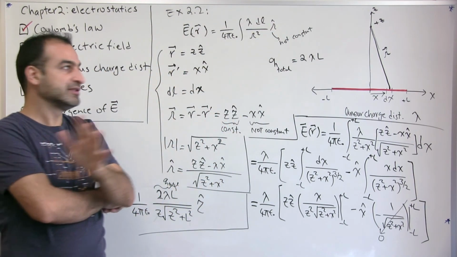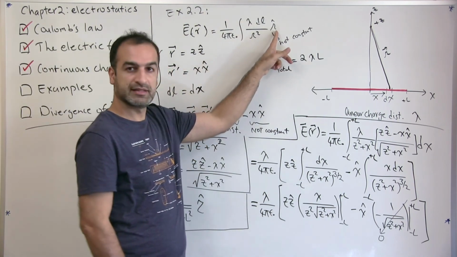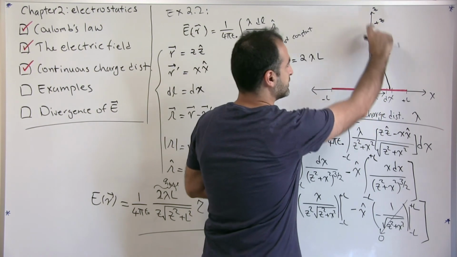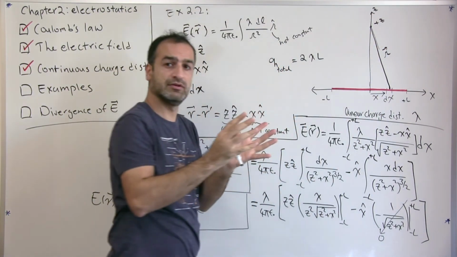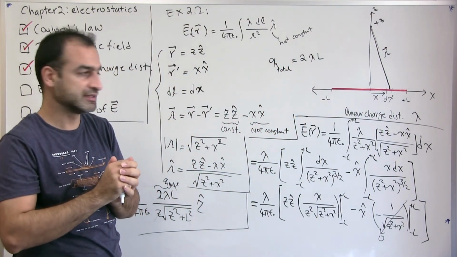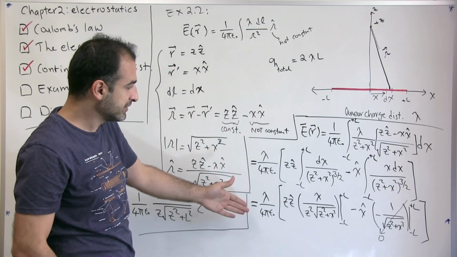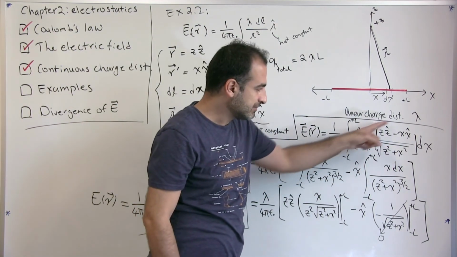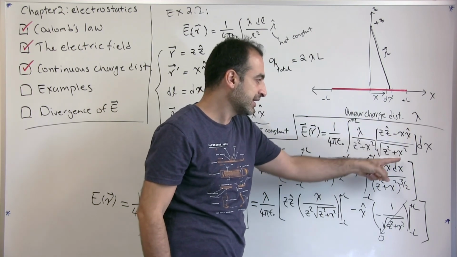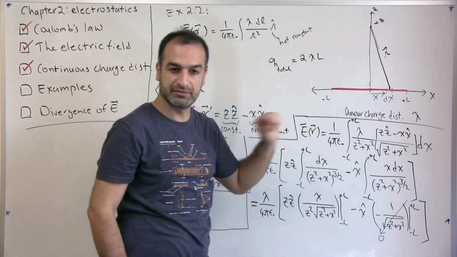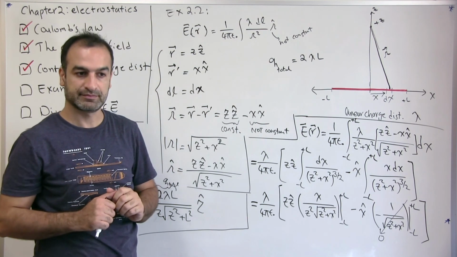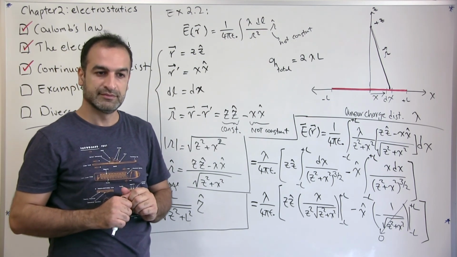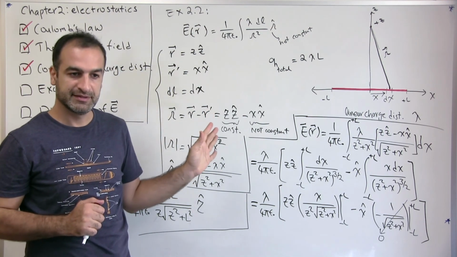It's important to remember the unit vector is not a constant here, because as you move over this, the unit vector direction is changing. The magnitude is always one, but the direction changes. And in fact, for this specific problem, the complexity was actually from the R hat, because the shape of R hat is more complex than the rest of the terms in the integral. Sounds good. Any question on this?